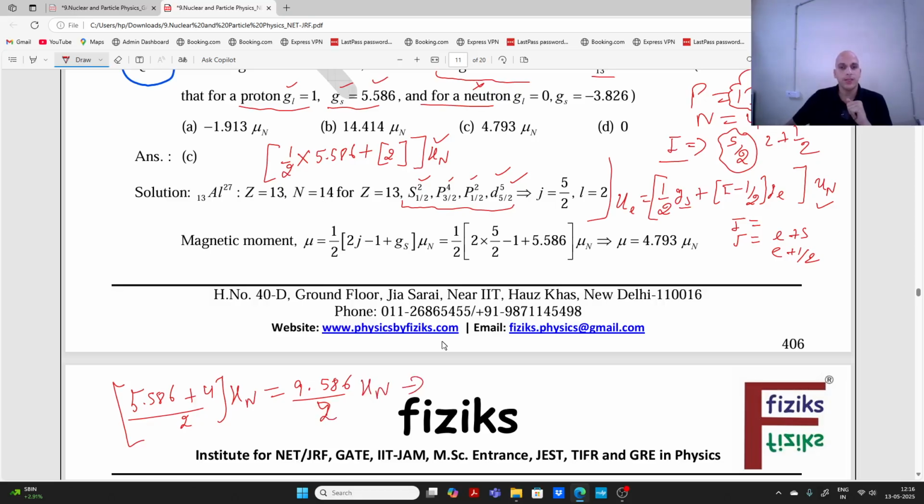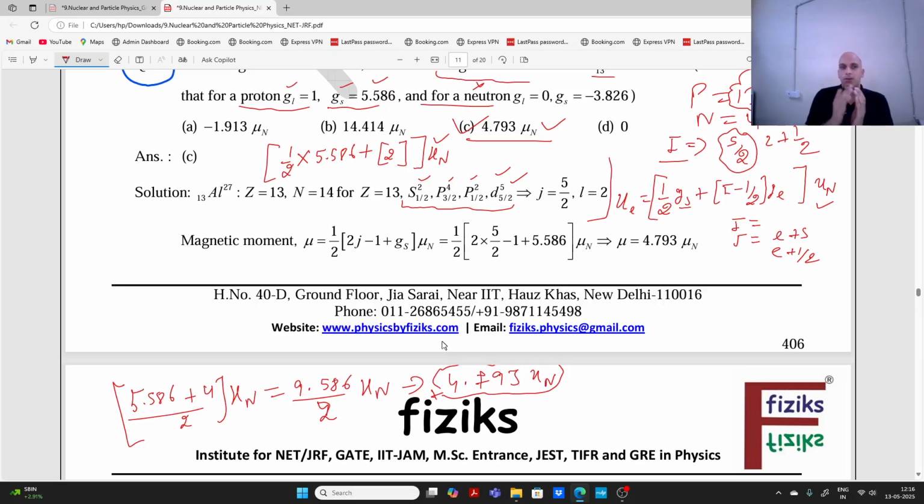So when I simplify it, 4.793 mu n, and a positive sign also there. So C is the correct answer, nuclear magneton.